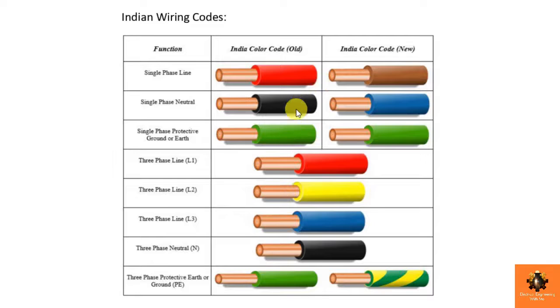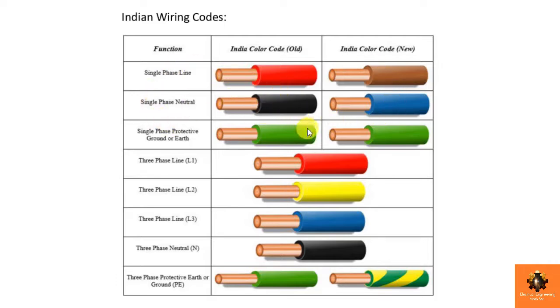In comparison, as per the latest standard, the brown color is selected for the phase wire, blue is for neutral wire, and green color for earthing. Green color for earthing is the same as the old standard. Okay, so this is the color coding with respect to the single phase system.